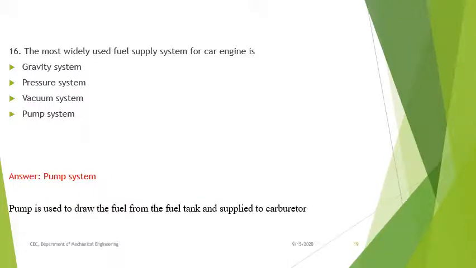Pump is used to draw the fuel from the fuel tank and supply it to the carburetor. In a vehicle fuel supply system, the tank is placed at the back side of the vehicle and the engine is placed at the front of the vehicle. So we need to supply the fuel from the tank to the engine, and that is carried out by the fuel pump system.